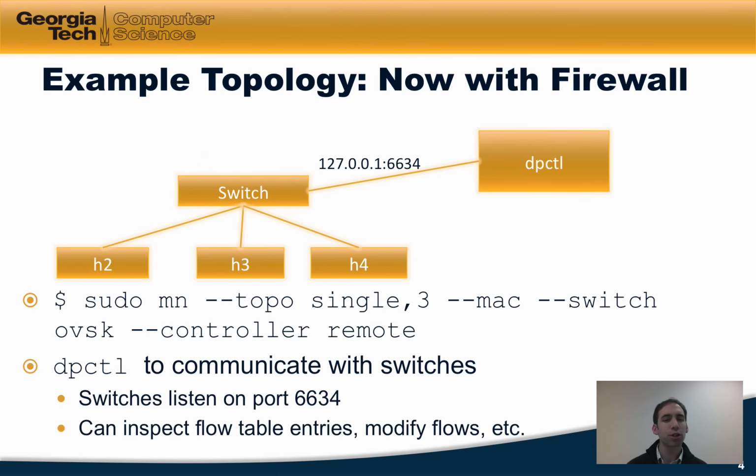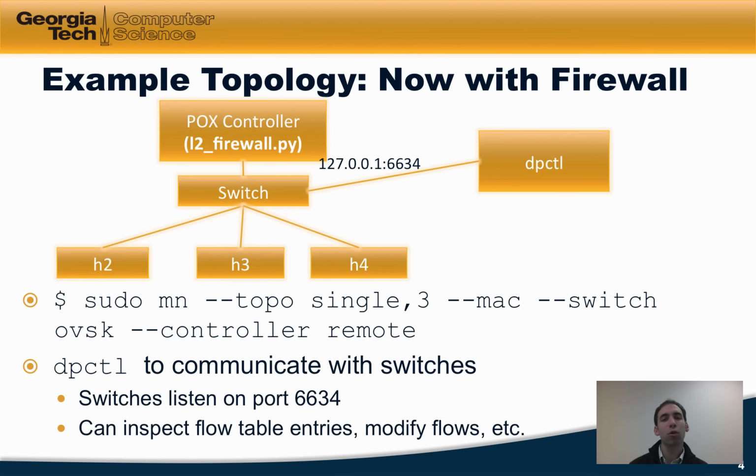Again, we have a switch that connects 3 hosts, and we'll attach a controller to that switch. But instead of attaching a controller that performs simply Layer 2 switching, we will augment the functions being performed by that controller so that it checks the source MAC address of incoming packets and decides whether to forward or drop the packet based on the value of that source MAC address.